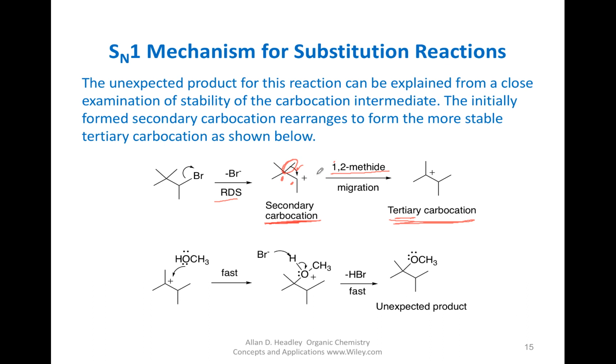You'll see in some books alpha beta, using the Greek alphabet terminology. It's called a methide because it's a methyl group with its bonding electrons that moves over to here, and what's left behind is a carbocation, but now a tertiary carbocation and more stable.